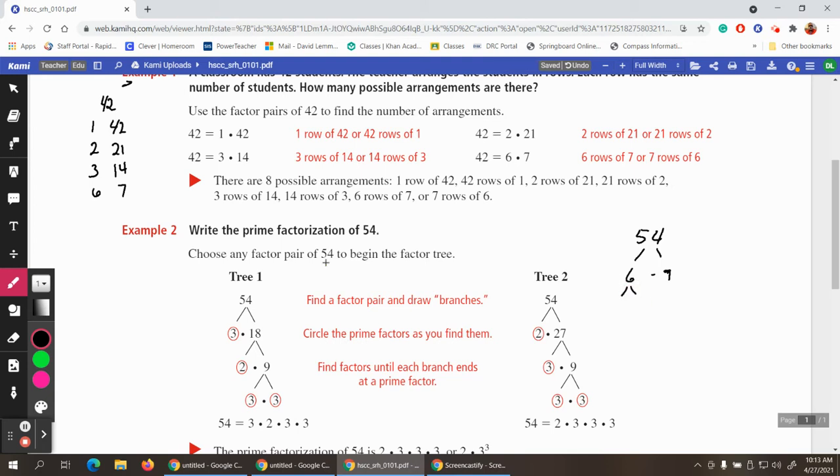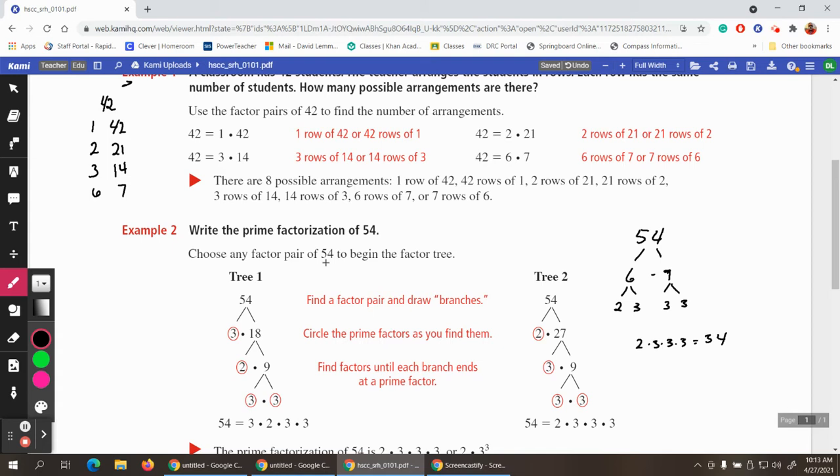The factors of 6 are 2 and 3. Those are prime. The factors of 9 are 3 and 3. So we still get 2 times 3 times 3 times 3 equals 54. So the prime factorization is still 2 times 3 times 3 times 3.